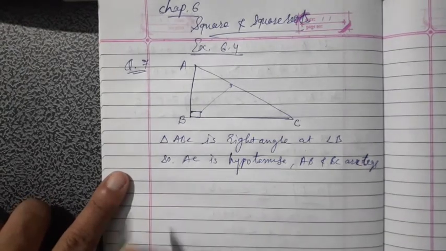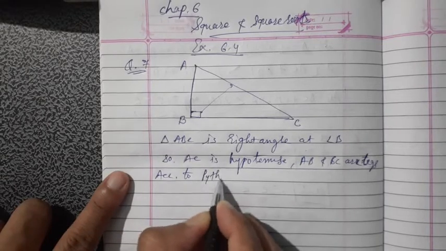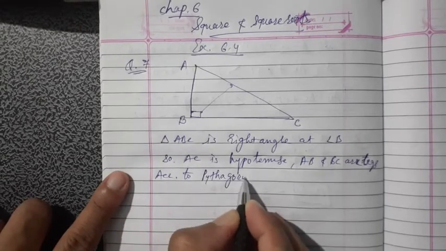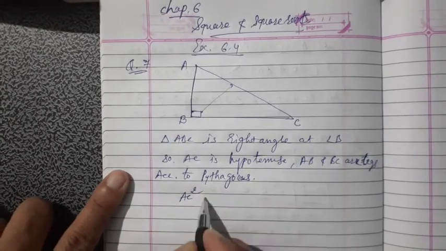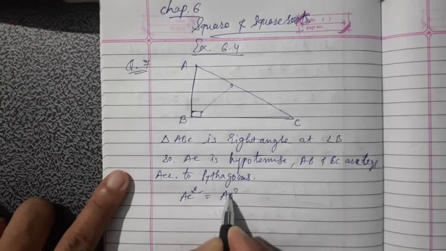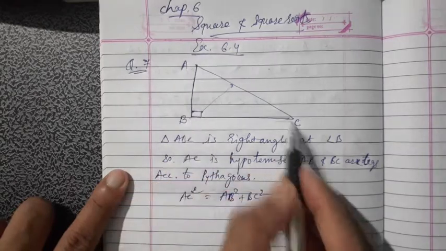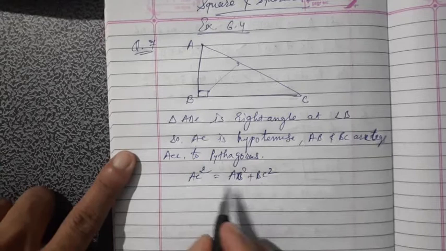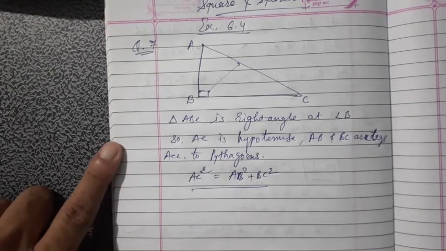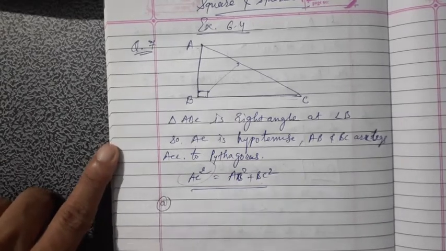According to Pythagoras, the hypotenuse square, AC square, is equal to the sum of the squares of the legs, the other two sides. That means AC square equals AB square plus BC square. That is the formula for a right angle triangle.